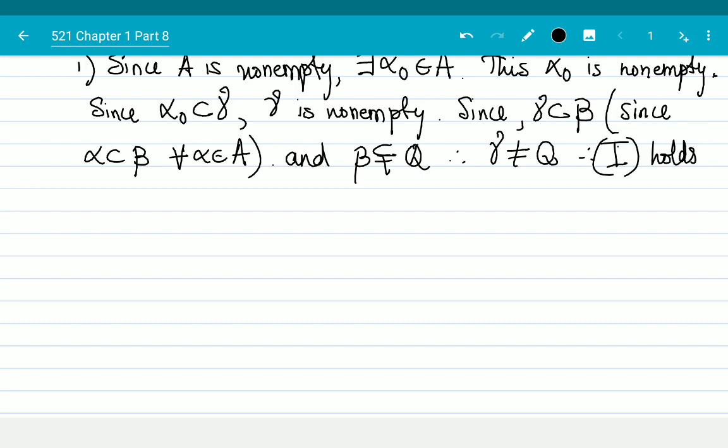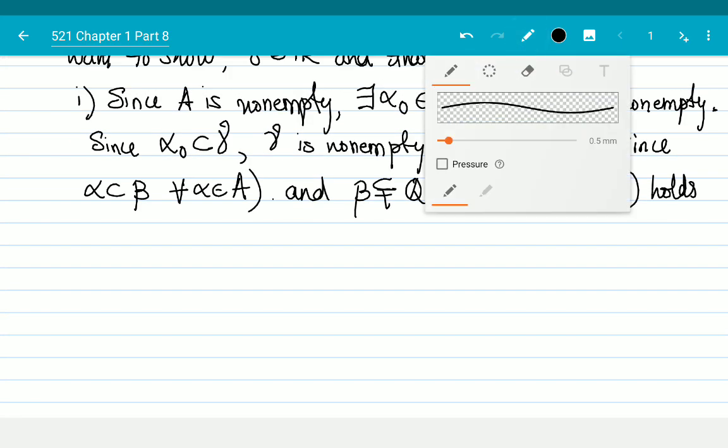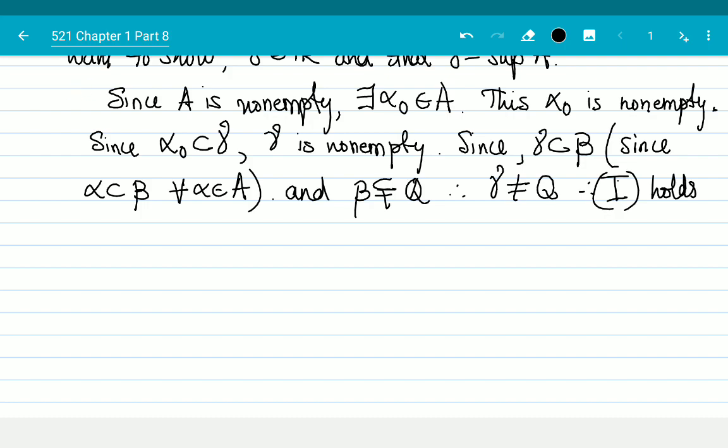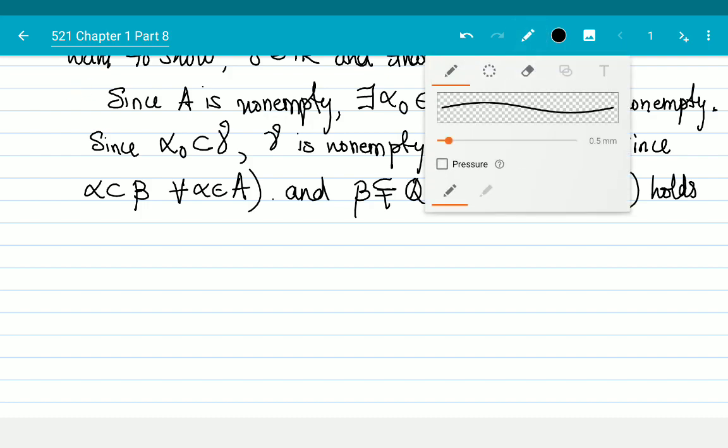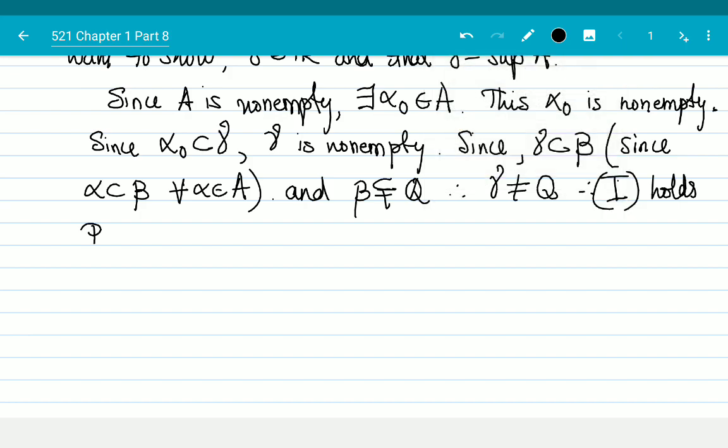To prove property 2 and property 3, pick P belonging to gamma. Since it's not empty, there is some P such a thing holds.